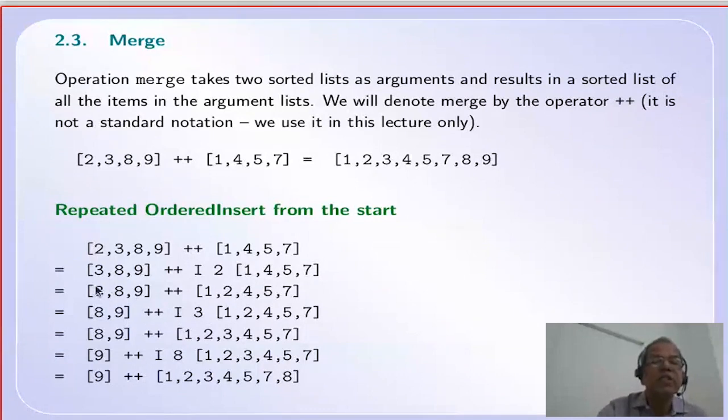Take the head of the list, ordered insertion of 3 into 1, 2, 4, 5. We'll get 1, 2, 3. 3 is put here. To that, you have to merge 8, 9 and so on. This is one algorithm. What is the running time of the algorithm? Can anyone guess?